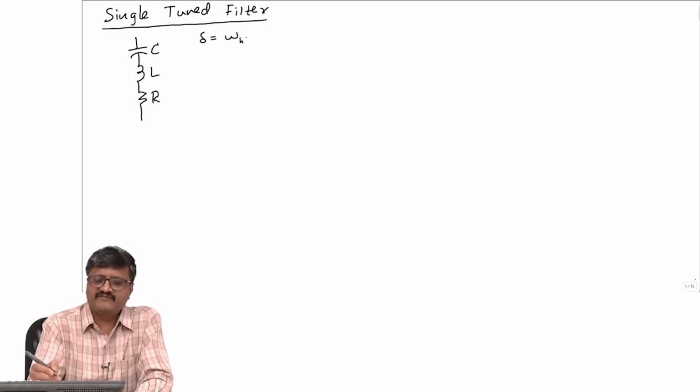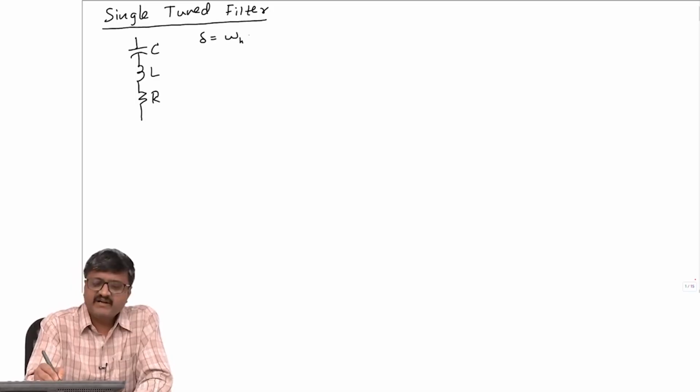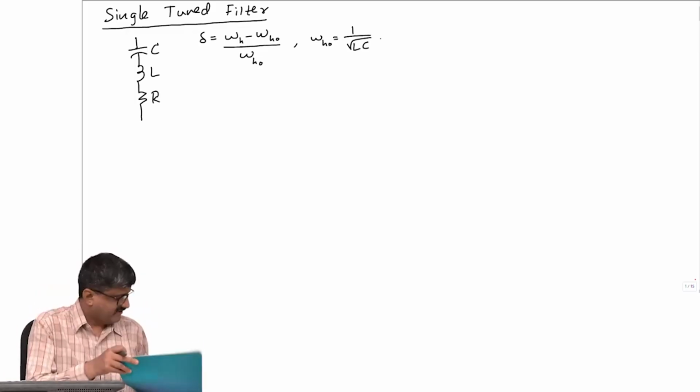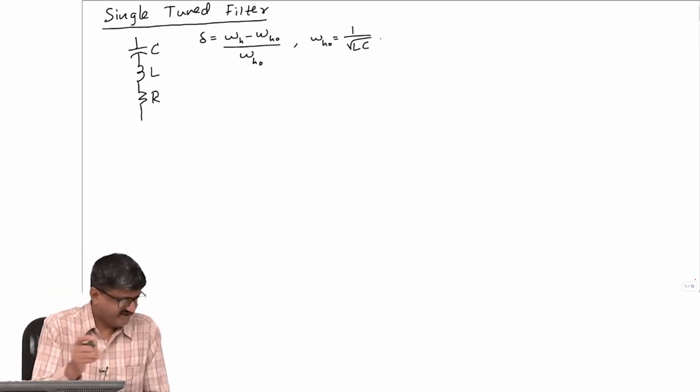So, the original definition of delta is omega h minus omega ho divided by omega ho. Omega h is the angular frequency, omega ho by definition is 1 by root LC.